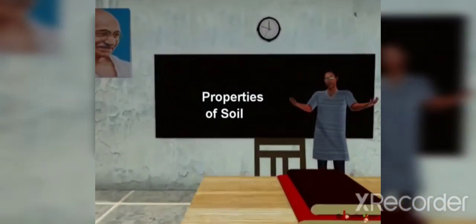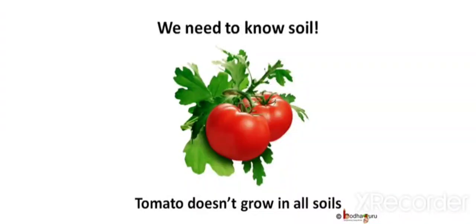Good morning, children. Today we shall learn the properties of soil and why there are different types of soils. If a farmer wants to grow tomato, would he be able to grow it without soil? Well, as we know, every crop requires a certain type of soil.